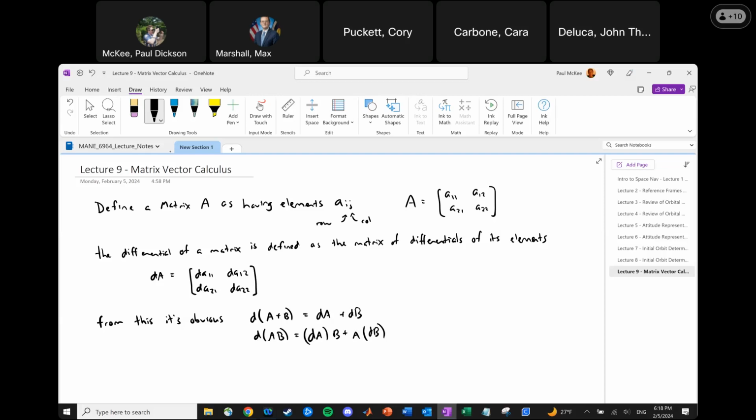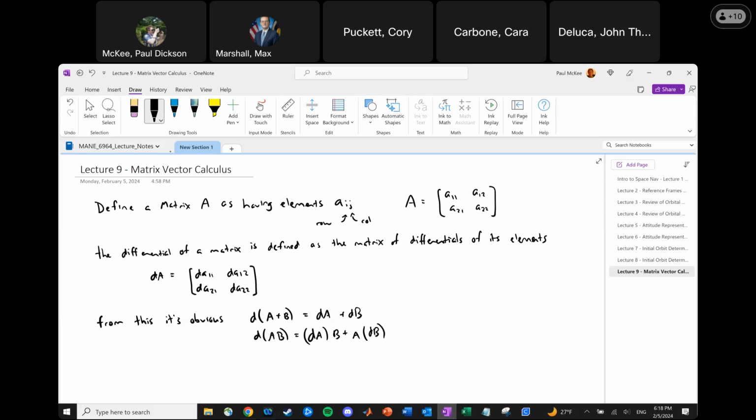And so this should look very familiar from our derivative rules in calculus, either in high school or early in undergrad, right? So the derivative of two things being added, derivative is a linear function. And then if two things are being multiplied, it's the derivative of the first times the second plus the second times the derivative of the first, right?